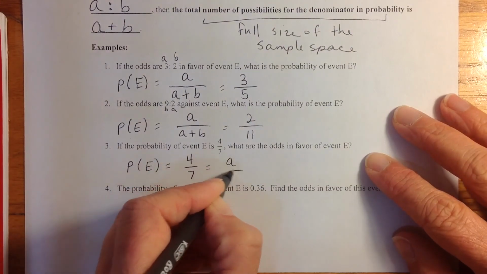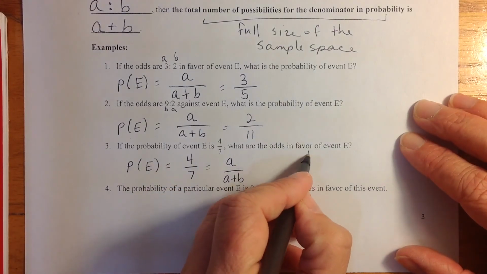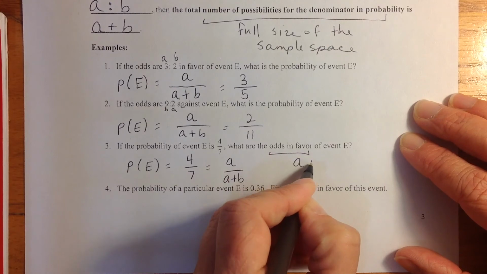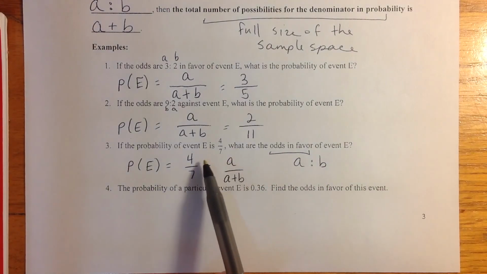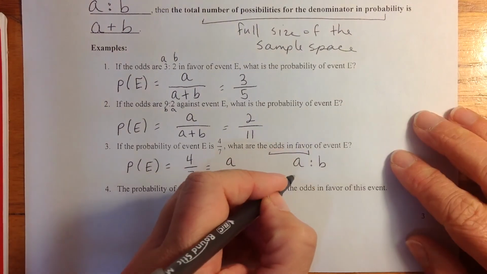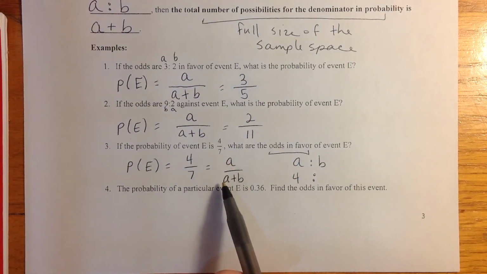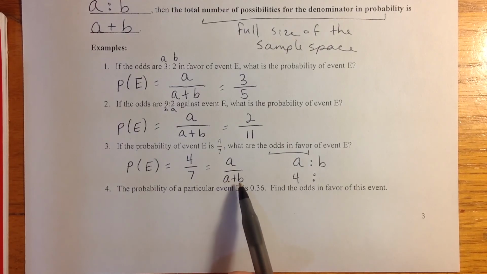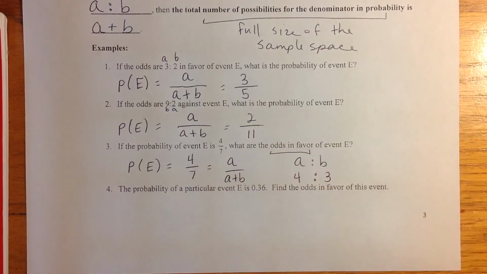This means A, and this is A plus B. So if we want odds in favor, we want to write A to B. Well, A is shown exactly in the top, 4. So if this is 4, this A is also 4. 4 plus what gets us 7? So we're going to say 3. So our odds in favor are 4 to 3.